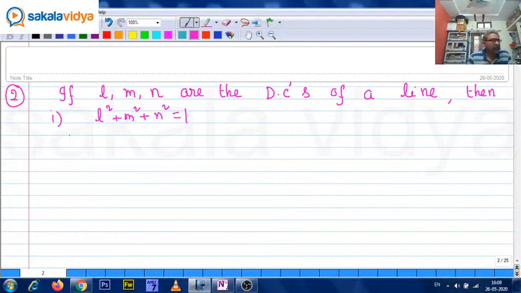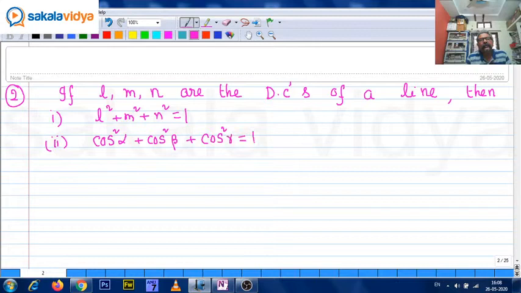Next, second point. If you put L for cos alpha, M for cos beta, N for cos gamma, you get this relation also: cos square alpha plus cos square beta plus cos square gamma is also 1.